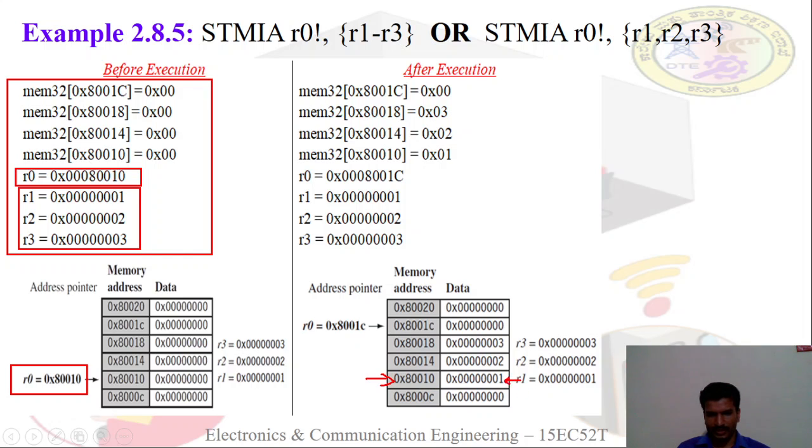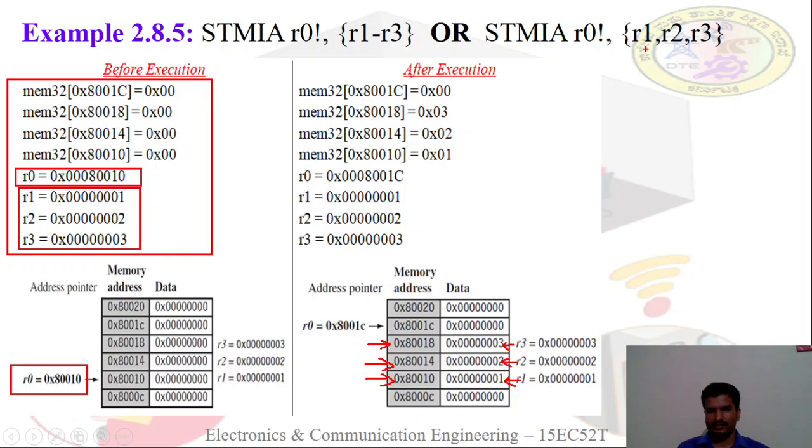R1 contains 1, so that data will move to 80010. After this the address is incremented by 4, so now the address is 80014, and the R2 register value is moved there. Then again the address is incremented by 4, so at memory location 80018, the R3 register value is moved.